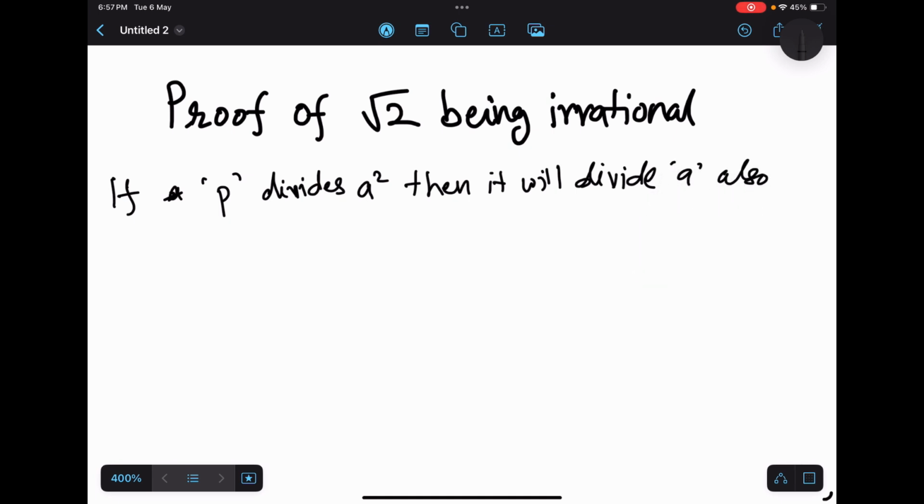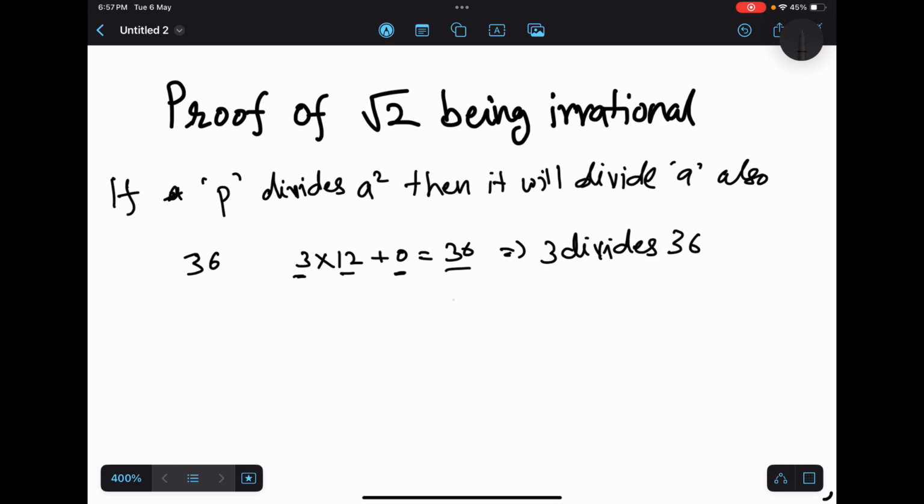What does this mean? Suppose we take 36, and we take its two factors as 3 into 12. We know that 3 divides 36 because 3 into 12 plus remainder 0.